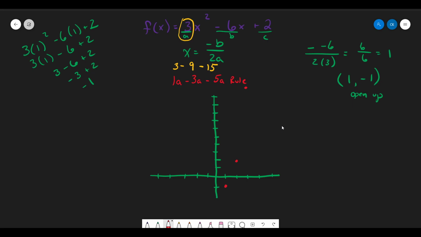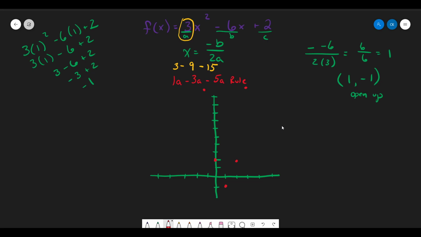I'd go over 1, and then I'd go up 15. I'm going to do the same thing on the other side. I go back to the vertex, and instead of going to the right, I now go to the left. I go over 1, up 3. Over 1, up 9. And then again, I would go over 1 and up 15 if I could, but I can't.